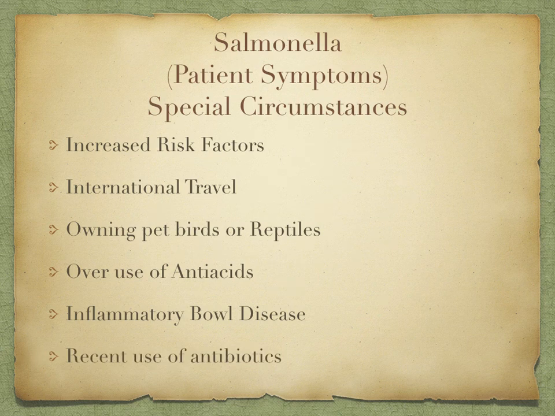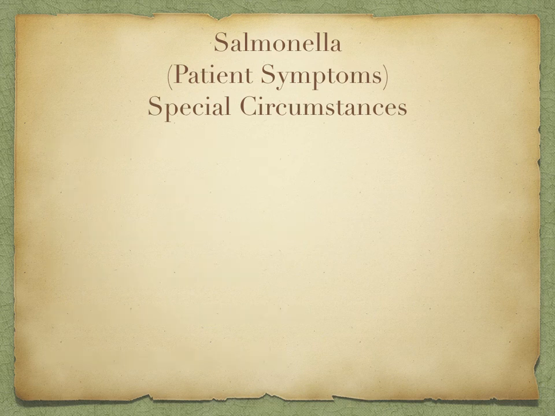All of those can make you susceptible to salmonella. So if you qualify in that category, then it is wise to be extra careful when handling meat, poultry, and seafood.